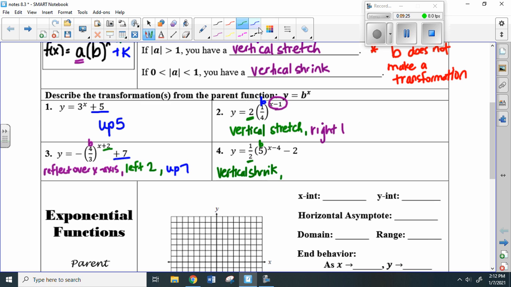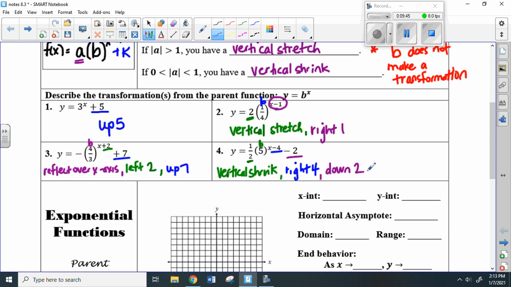Then we have the -4 in the exponent, so that's right and left, and minus means right. And then at the end we have a -4 that's not part of the exponent, so that's when we move down.